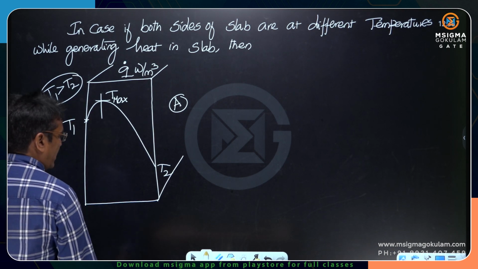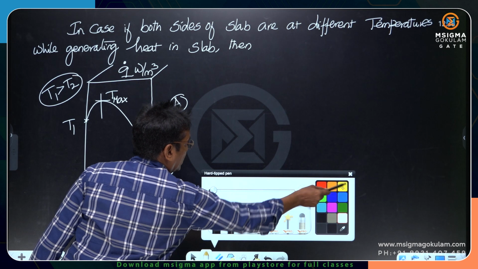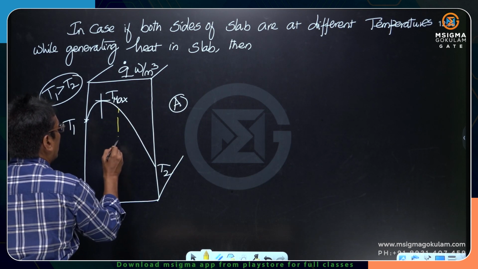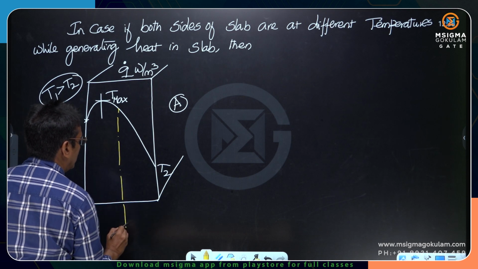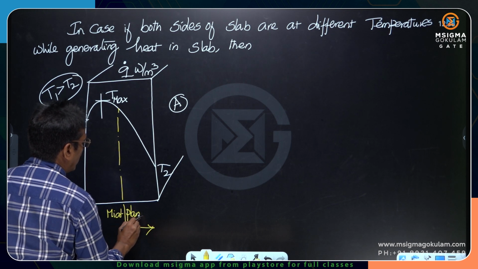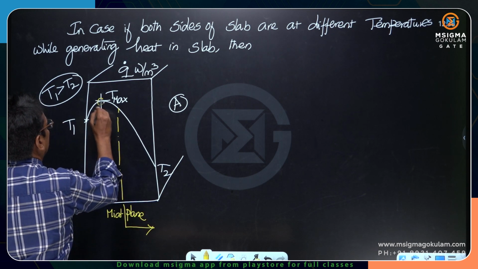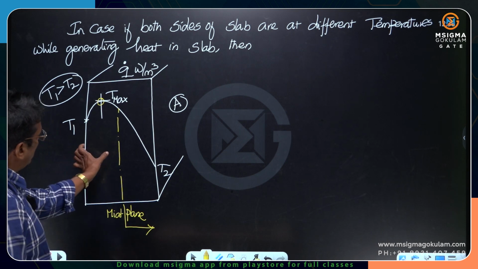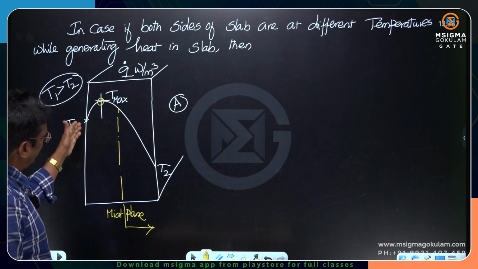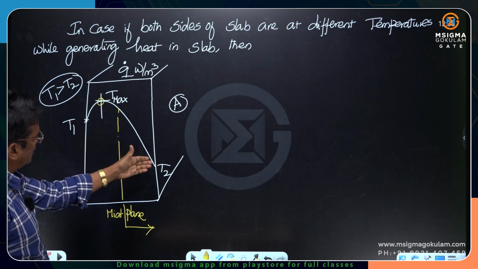You see the maximum temperature in that half. Suppose this is the midplane, the yellow colored one is the midplane. In that half, where one side of the slab is at the greater temperature, here T1 is greater than T2.